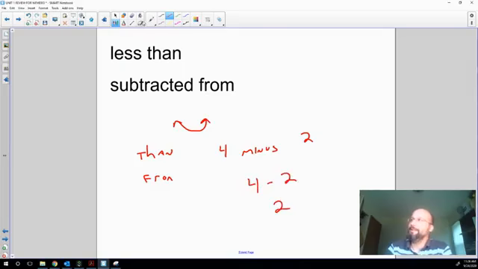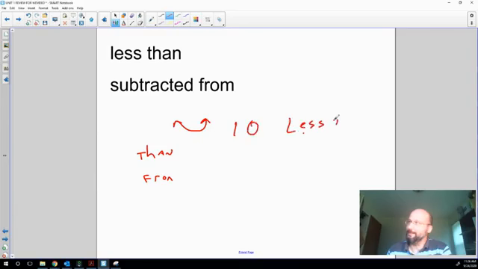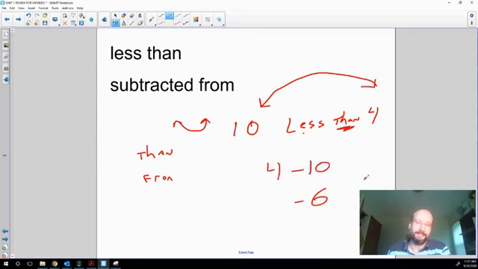But with these, less than and subtracted from, you have to switch the order of the numbers. So if you have, say, 10 less than 4, you have to change the order because of less than. So this would really be 4 minus 10, which is negative 6.